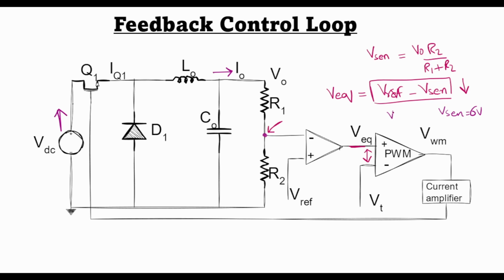So in this case, V equivalent, which is Vref minus Vsen, would be equal to minus 1 volt. So let's see how the feedback loop will take care of this sudden transient in the input voltage.